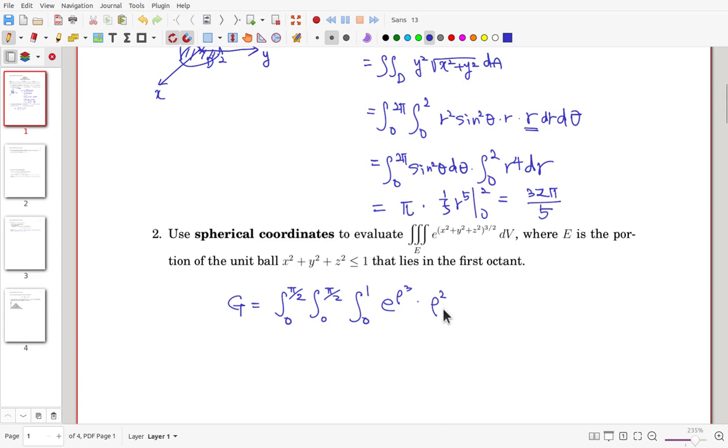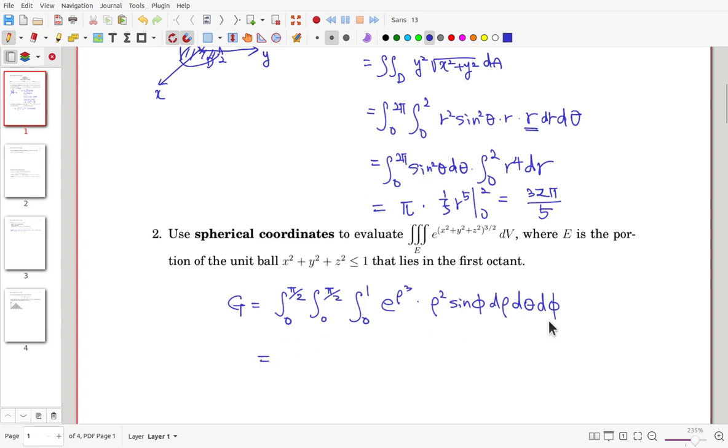Can you remember that? And then here another one is sine phi. The innermost one is rho, the middle one is theta, and the outermost one is phi. Now these are also separable, so you can get the solution through the formula.